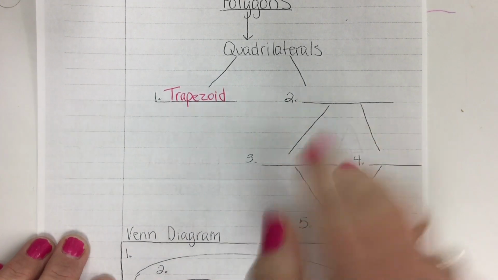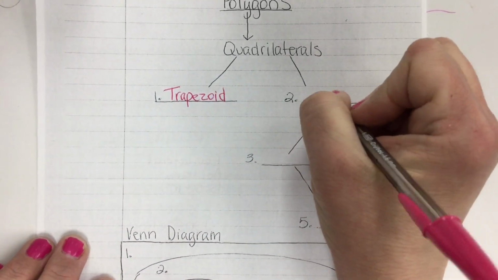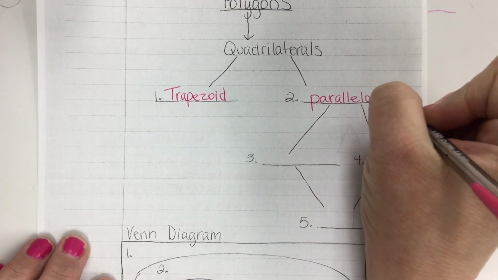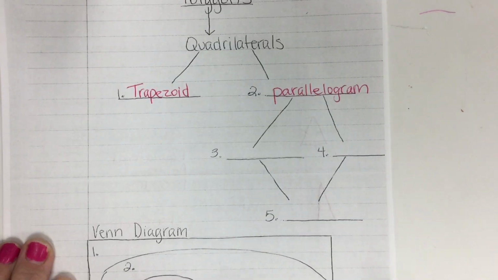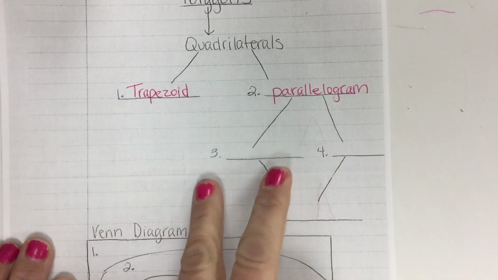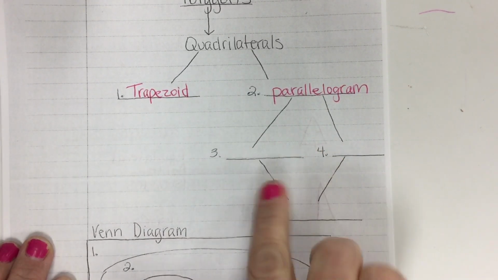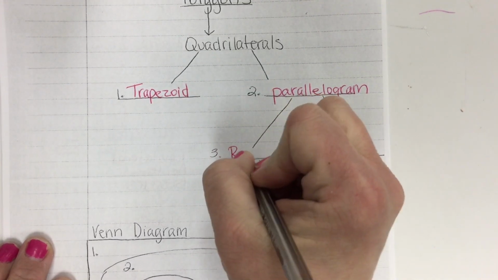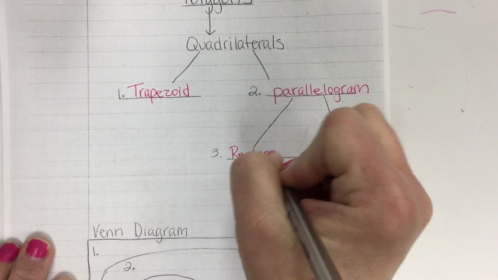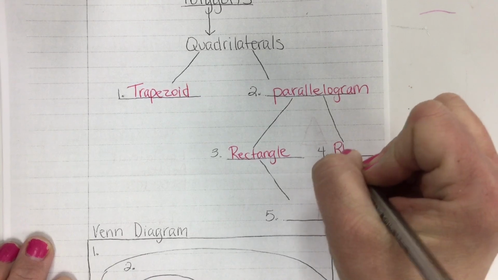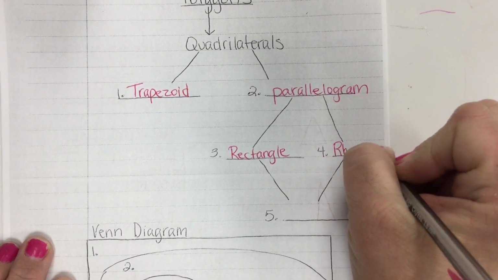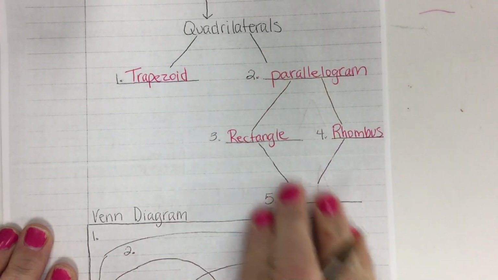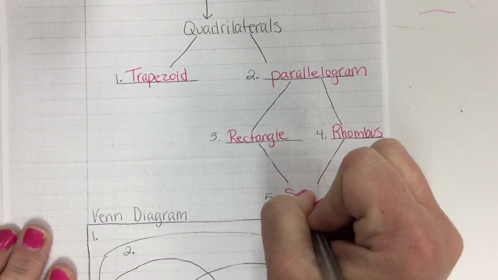This one should have been parallelogram. These two go either spot, because they're both going to come down to the number 5. So you could put rectangle here and rhombus here. And then they all go to the square.